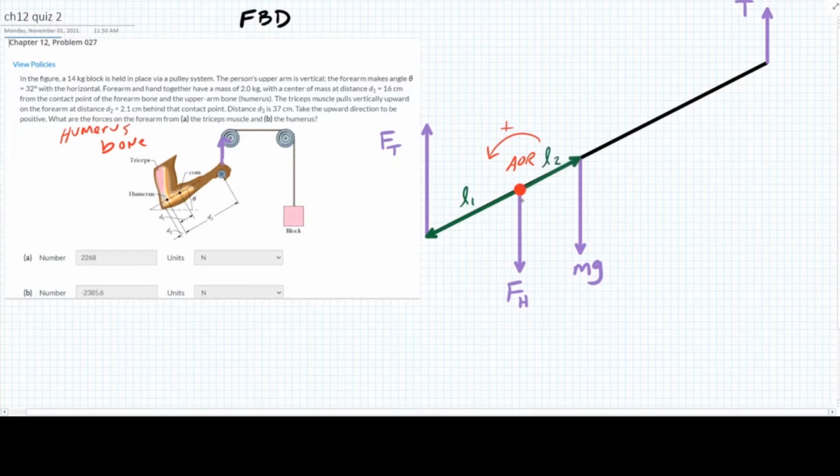Last but not least, the position vector from the AOR to the tension force. And I think I will use a different color because I'm going to be partially overlapping. I don't mind overlapping, but I don't want to block out L2 completely. So I'll move this just a hair. Okay, and I'll call this L3.